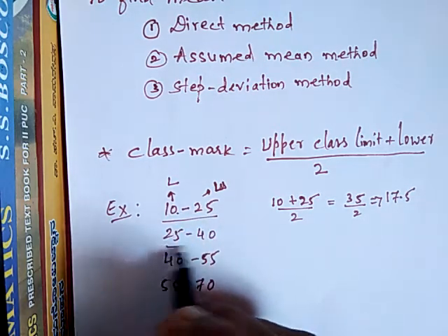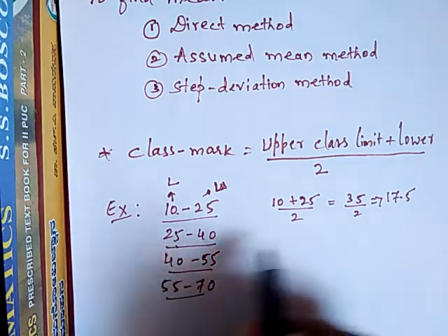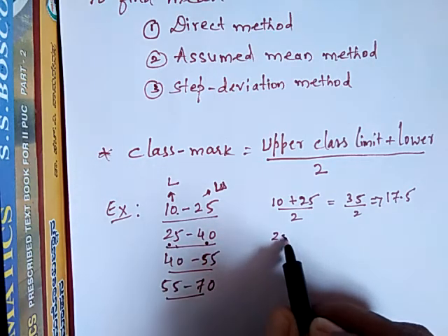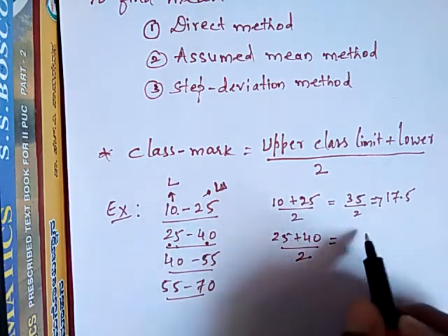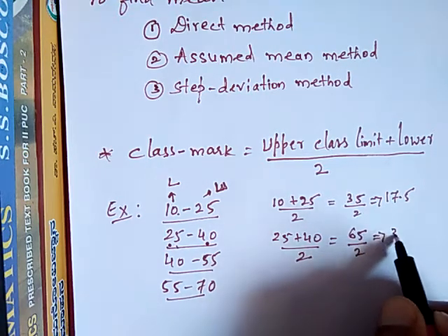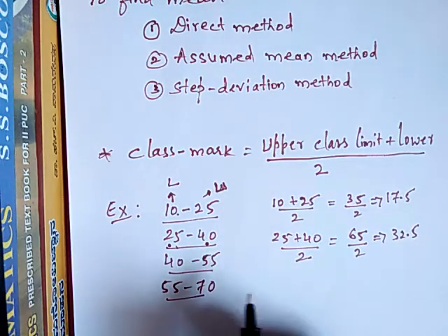For the class interval 25 to 40, the lower limit is 25, upper limit is 40, so 25 plus 40 divided by 2 is 65 divided by 2, which is 32.5. Like that we need to find. Now I think you got how to find the class mark of the given class interval.